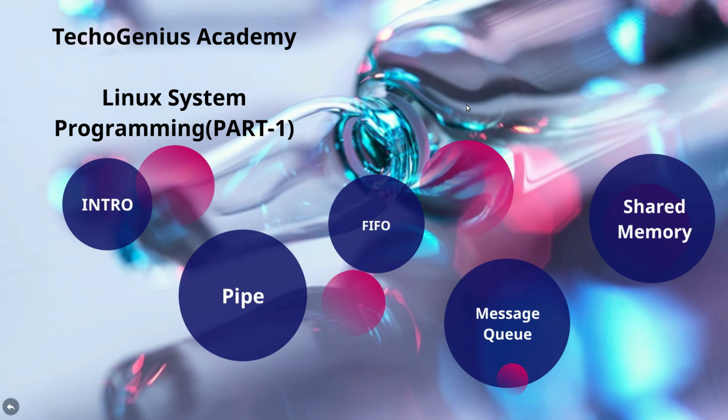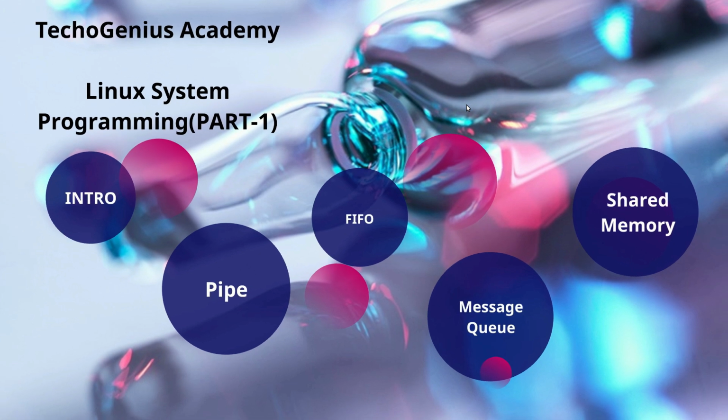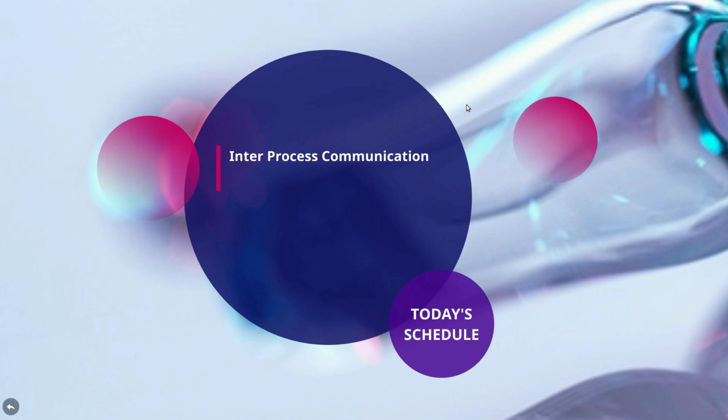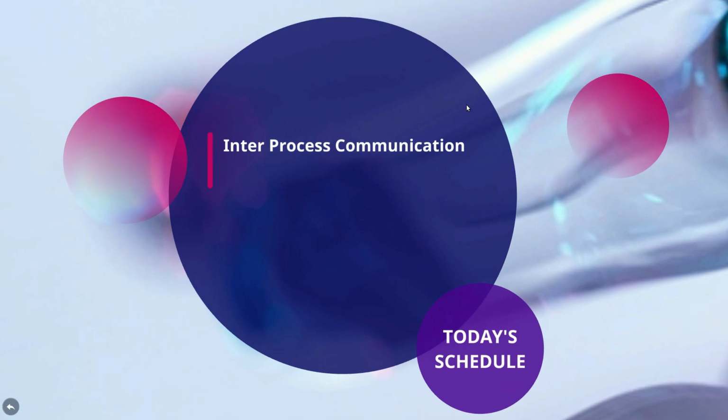So let's get started. The first concept which I just want to discuss with you is inter-process communication. Why? Because in most of the interviews, companies will ask you concepts related to this. In the real time world, we are using most of these mechanisms, like message queues, pipes, and all these things.